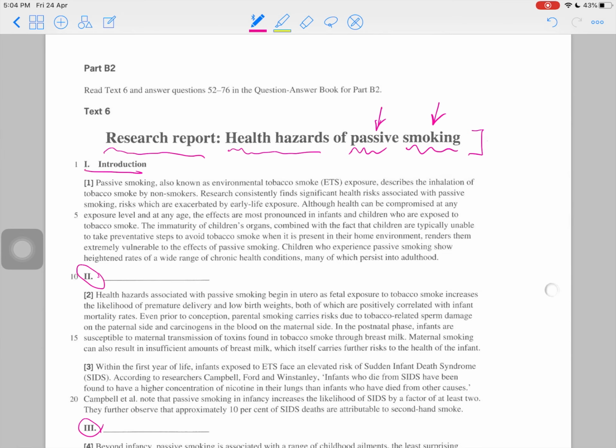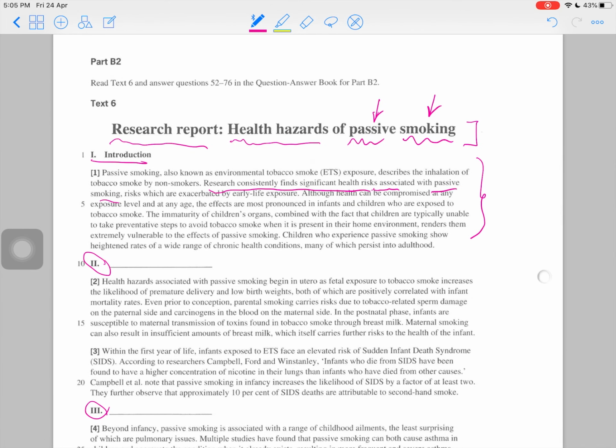So this would help examiners to gauge your English level. If you look at the introduction, you would see that it actually presents you with some research, some findings, how significant health risks are actually associated with passive smoking.